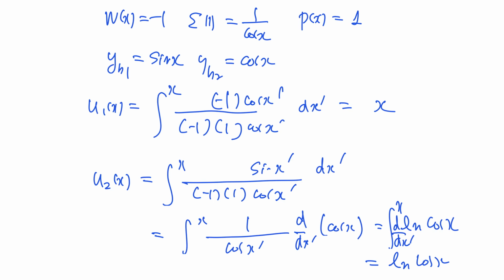So solution is the following. Particular solution is given by x sine x plus cosine x ln cosine x.